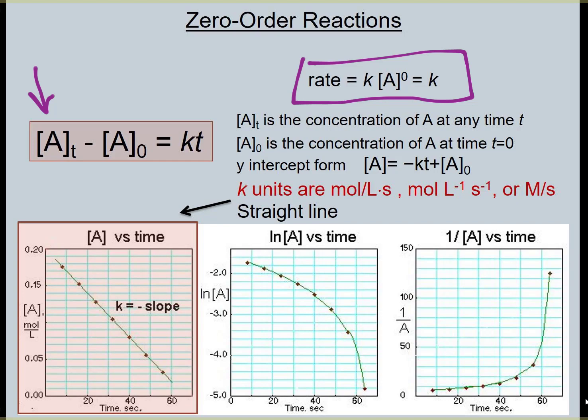In a zero order reaction, if we graph concentration versus time, we are going to get a straight line. If you graph the natural log of the concentration versus time, or 1 over the concentration versus time, you're always going to get a curved line. So you can tell from the graph you have a zero order reaction. And again, you'll have a straight line for concentration versus time.